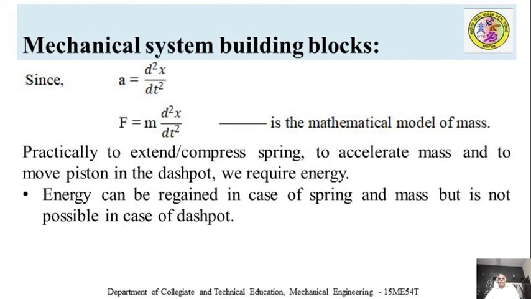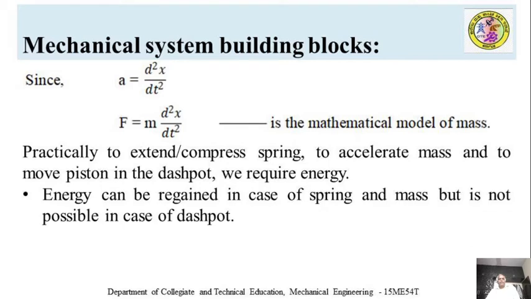Here a is acceleration. The acceleration is obtained by differentiating displacement twice with respect to t. A is equal to d square x by dt square. So acceleration is obtained by differentiating velocity once with respect to time, or differentiating displacement with respect to t twice.